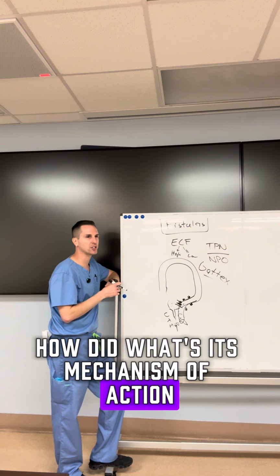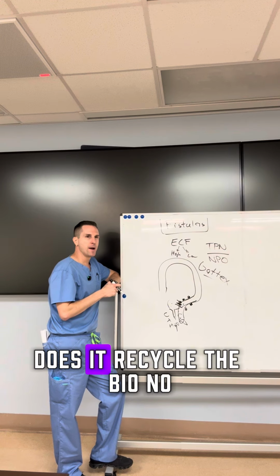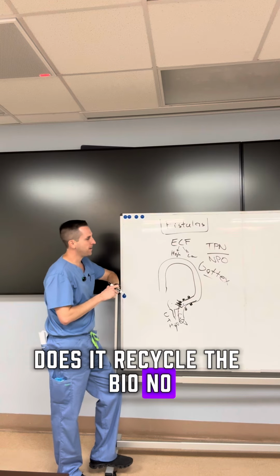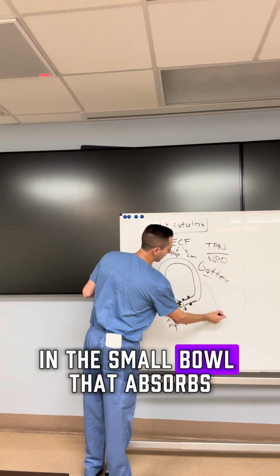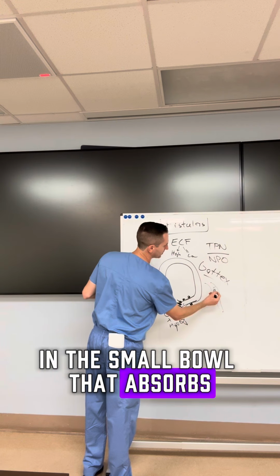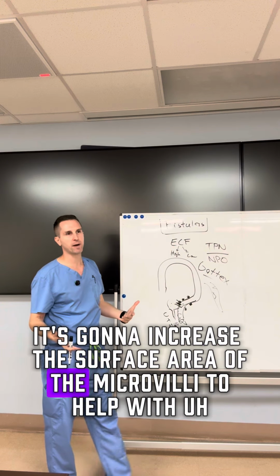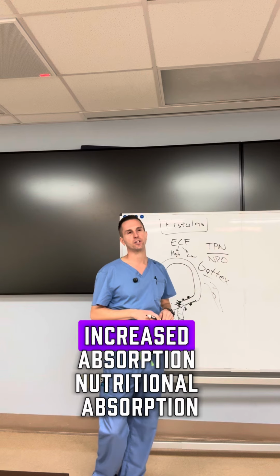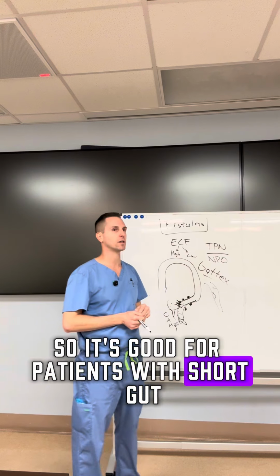What's its mechanism of action, and why does it work for patients with short gut? What's in the small bowel that absorbs? Microvilli. So it increases the surface area of the microvilli to help with nutritional absorption, so it's good for patients with short gut.